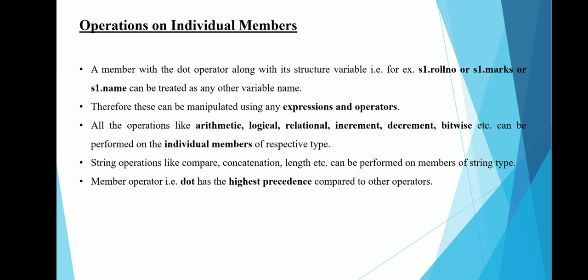I cannot say s1 plus s2. This is not permitted. S1 and S2 are complete structures, and S1 dot marks and S2 dot marks are individual members. Some of the operations which I can perform on individual members are arithmetic, logical, relational, increment, decrement, bitwise, etc.